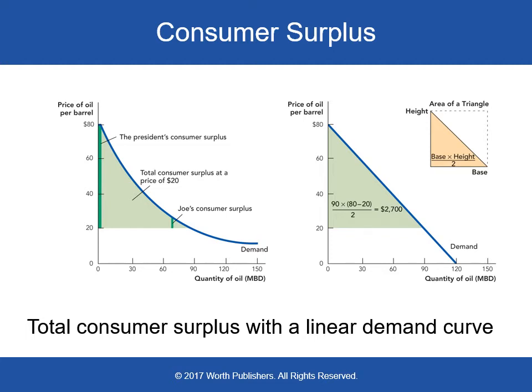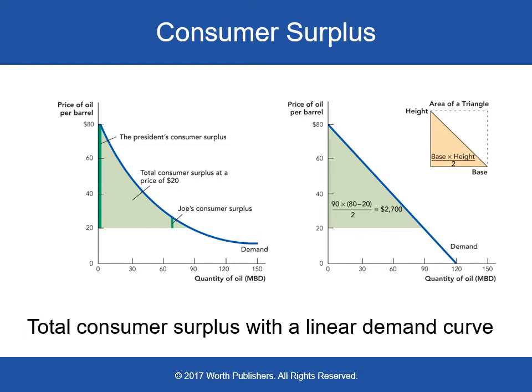So that's 60. And the horizontal distance, you can imagine that as being however many gallons the president would be buying at that market price of 20. So the total area of that green bar is the net gain to the president, the net surplus, multiplied by the horizontal distance, which is the number of gallons purchased.